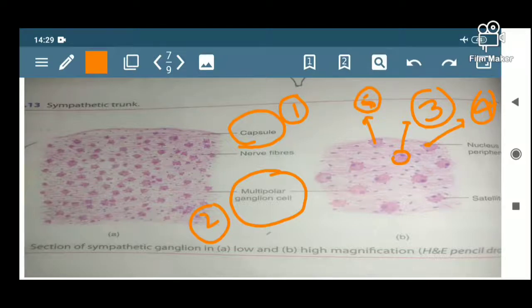You should remember this point also. And same as the spinal ganglion, here also it is surrounded by flat cells called satellite cells, which are useful to support the ganglion. Likewise there are numerous dendrites and nerve fibers present in between the cell bodies. So this is about the autonomic ganglion.